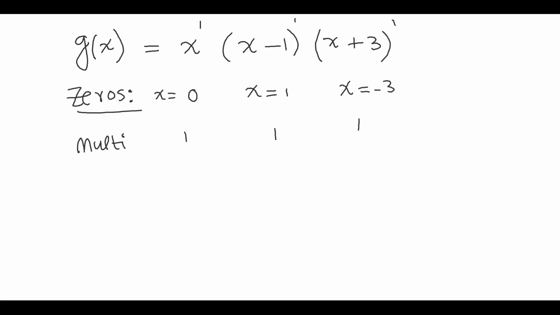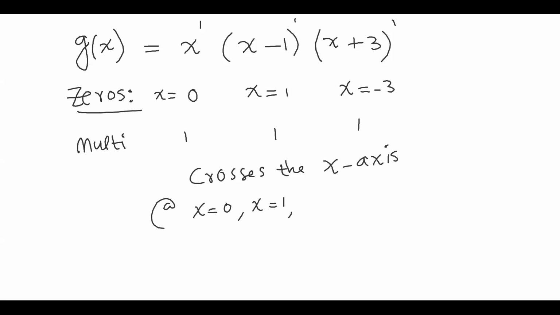So that means it crosses the x-axis at x equal to 0, x equal to 1, x equals -3. So I'll show you how the graph looks here. This is 0, 1, 2.